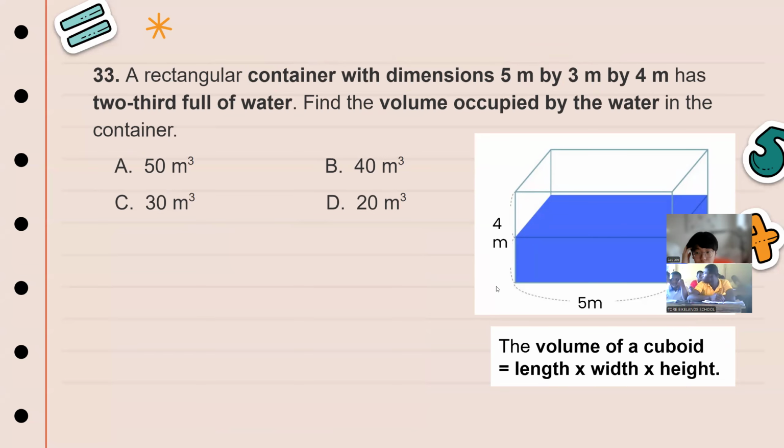Let's look at problem 33. A rectangular container with dimensions 5 meters by 3 meters by 4 meters is 2/3 full of water. Find the volume occupied by the water in the container.